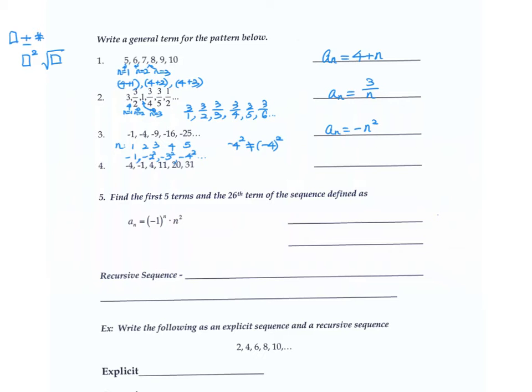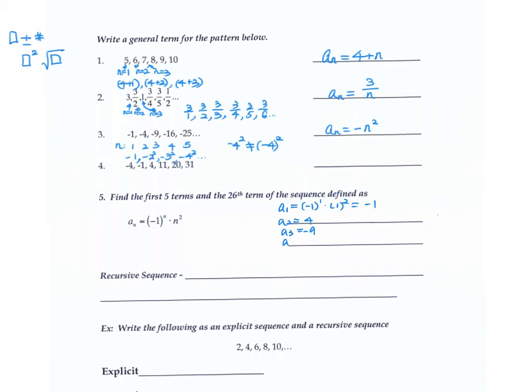You plug in when n equals 1, so it's a1. You plug it in, you should have -1 raised to the power of 1, then 1 squared. Wherever there's n, you replace it with 1. And then a2, you do the same thing. For a2, I got +4. And a3, I got -9.